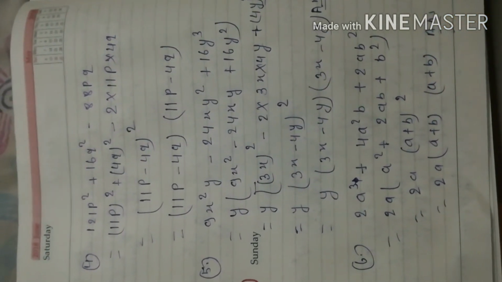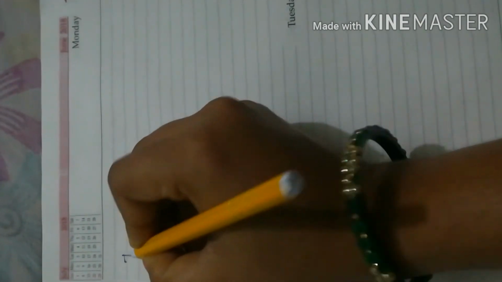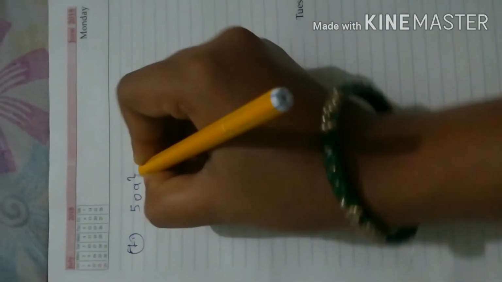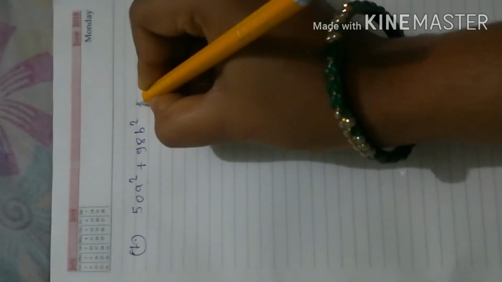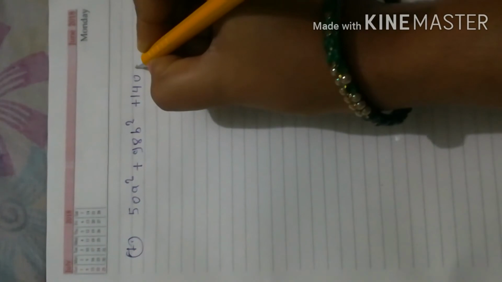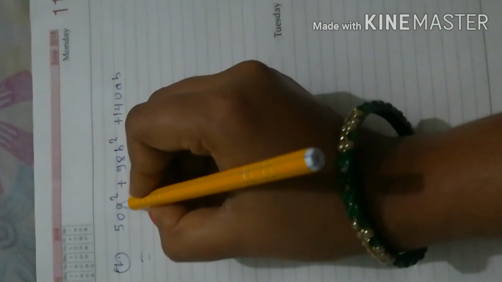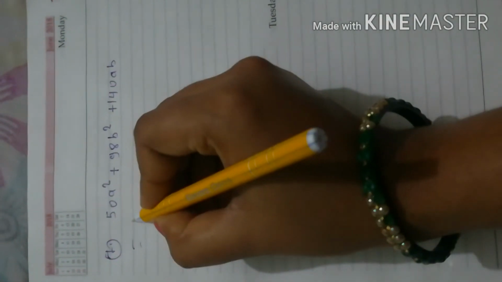Now we will do question number 7. Question number 7 is 50a square plus 98b square plus 140ab. See, all of you know that 50 is not a square of any natural number, so we can take 2 as common.